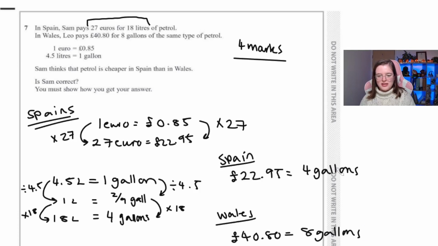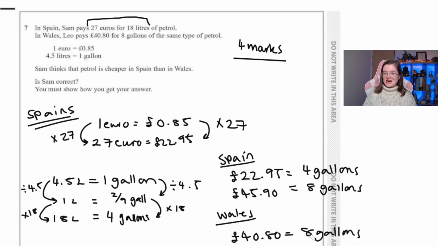Okay, so this is double this. Let's just double all this, figure out what it is for 8 gallons in Spain. So if I double £22.95 times 2, we get £45.90. So therefore, obviously, comparing 8 gallons with 8 gallons and pounds with pounds, we know that Wales is cheaper. So therefore, the answer would be Wales.